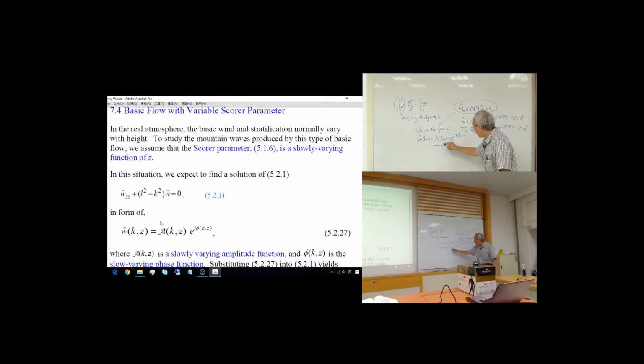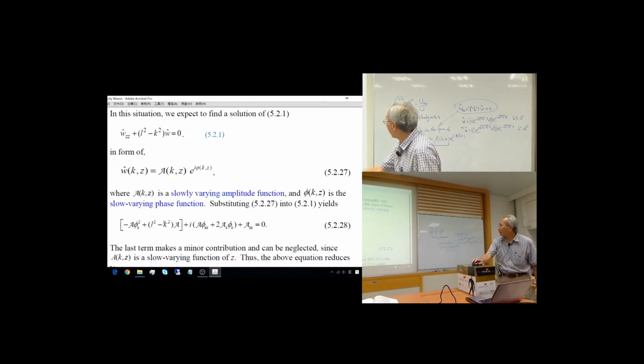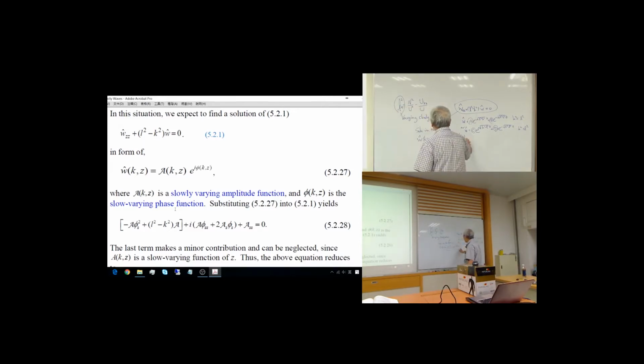We have to include height in here. And phi is the slowly varying phase function. Then we can substitute this into 5.2.1 and get 5.2.28.